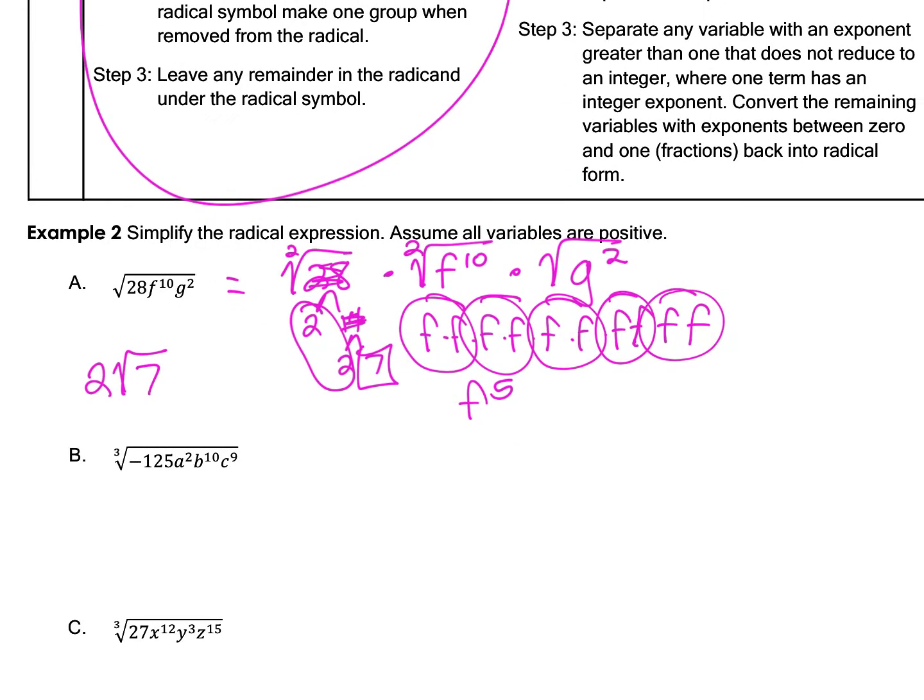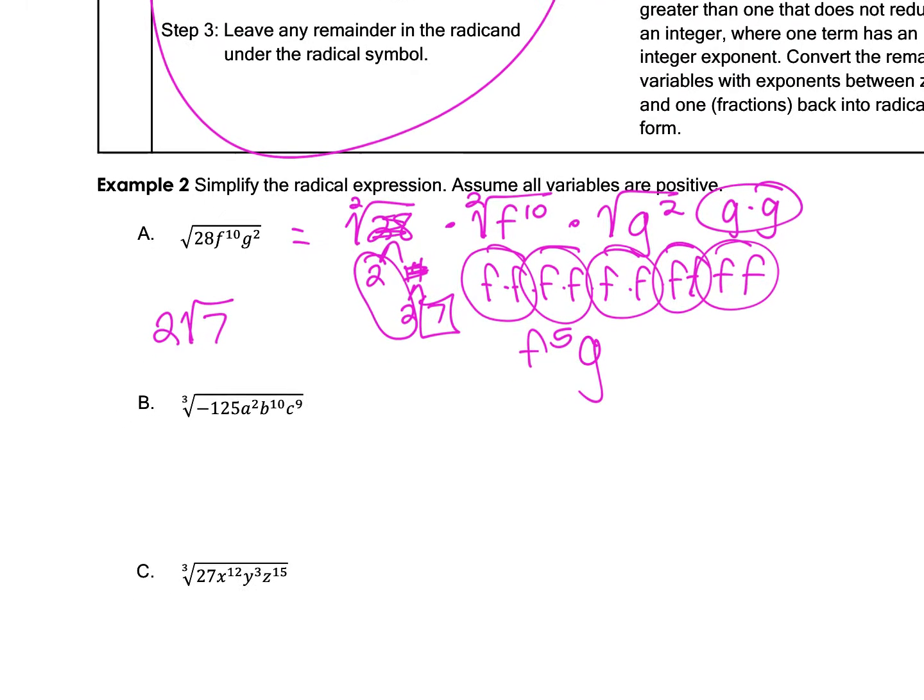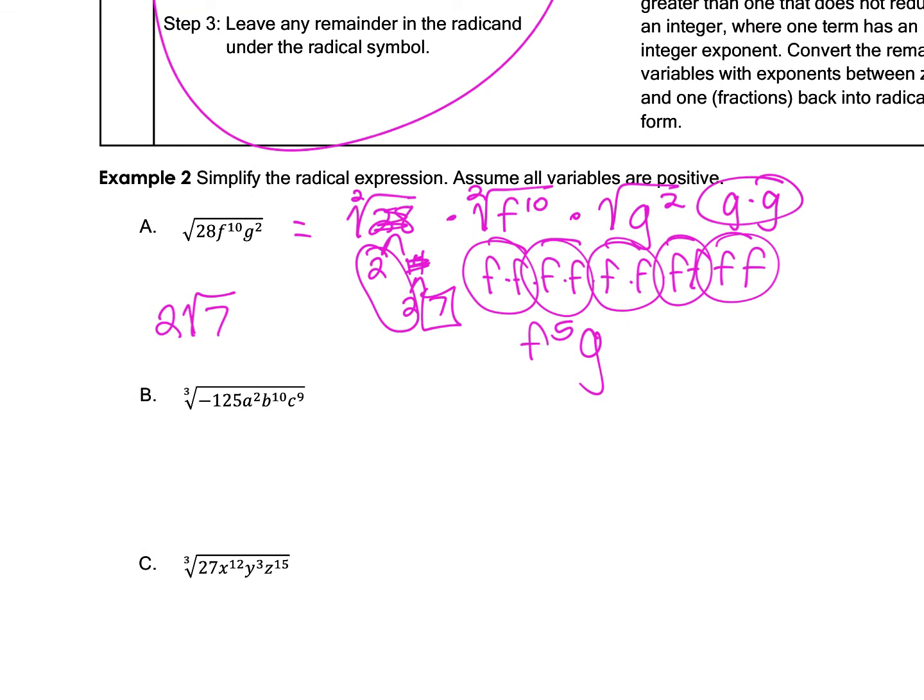So we have g squared, which is g times g. I grouped 2 of them. I just have a g. Okay, so our answer, there's nothing left on the f's and g's, so I should have a 2 f to the 5th g, and then the only thing I had left over that was boxed was the square root of 7.